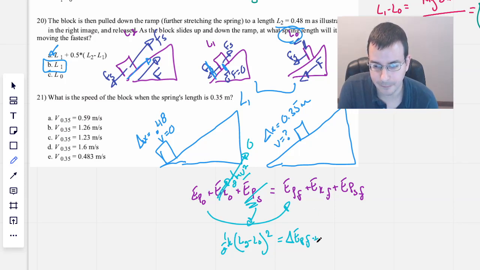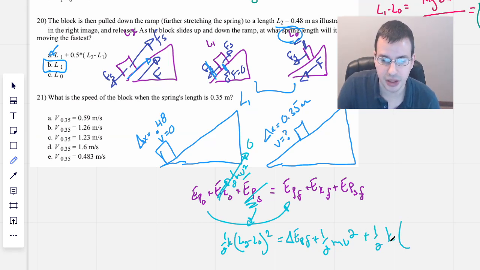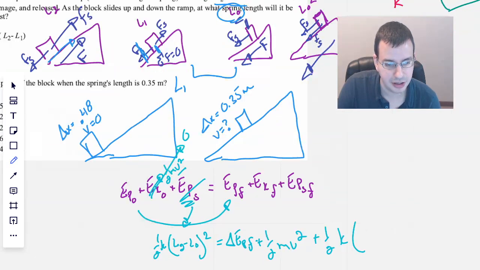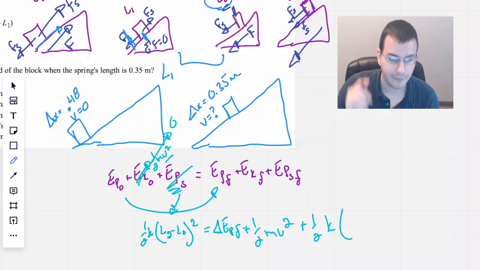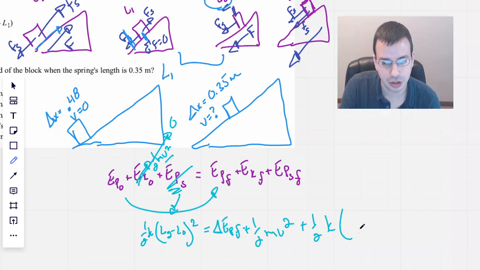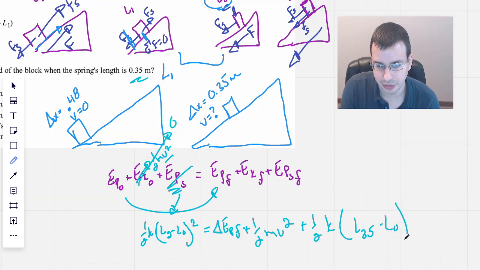This is plus 1/2 mv squared, but that's our mystery velocity, plus 1/2 kx squared again. But the idea here is we're going to use L of 0.35 minus L0, and then that'll be squared.